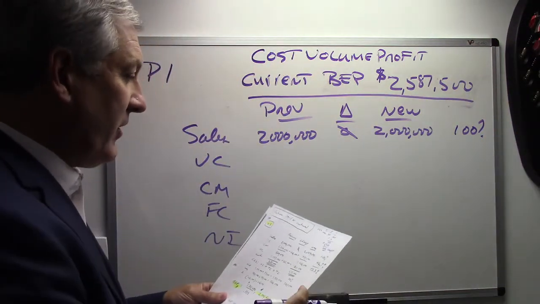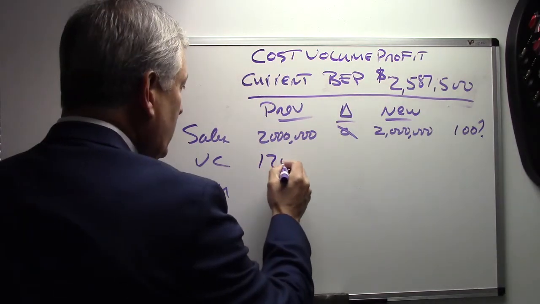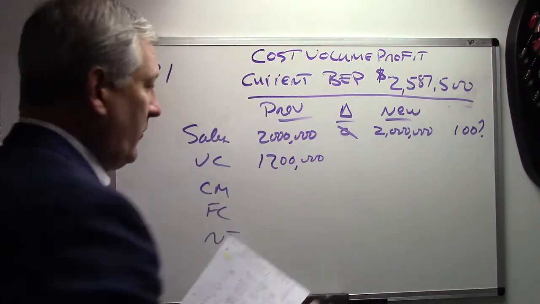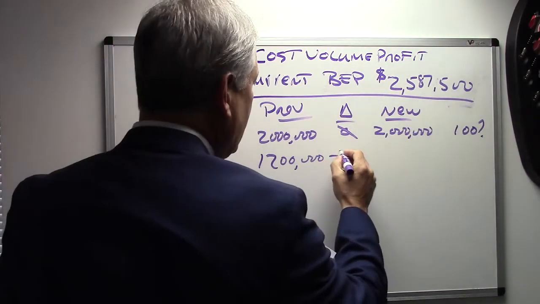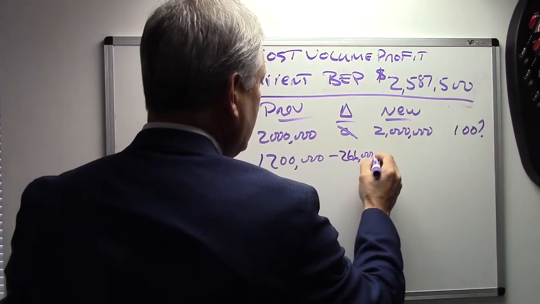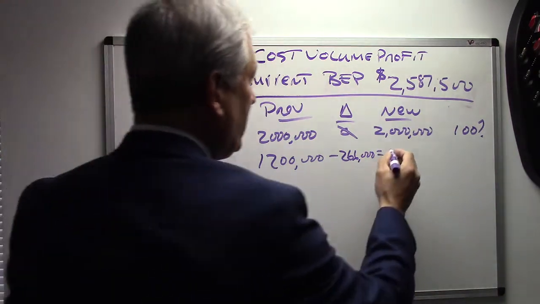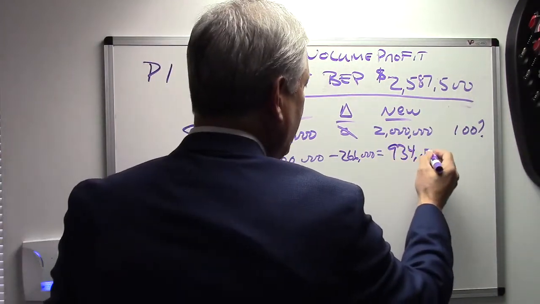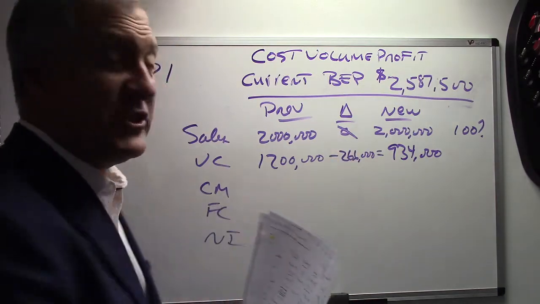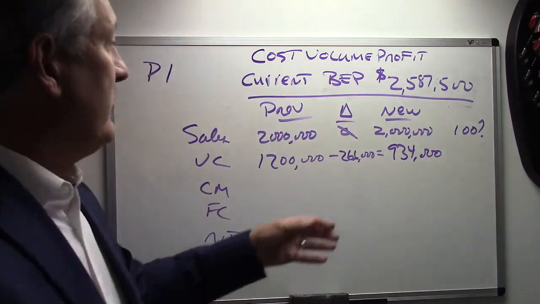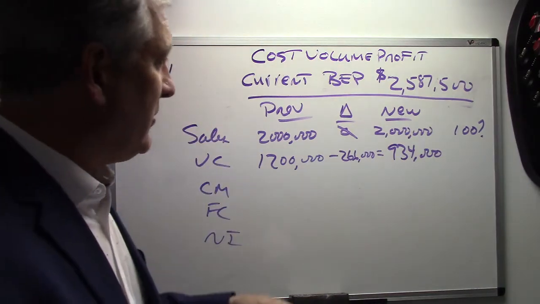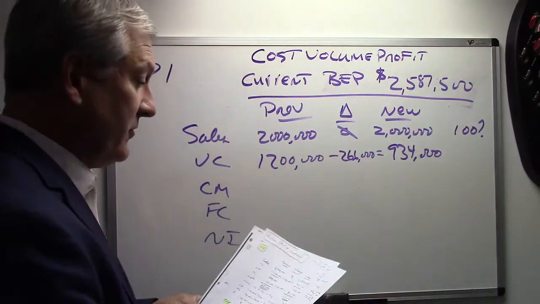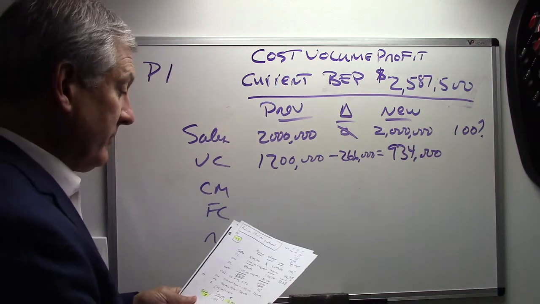The variable cost, the total variable cost was $1,002,000. But there's a shift in the cost of goods sold, so we're going to subtract 266. My new variable cost is $934,000. Remember, that's the shift. We're dropping the variable portion from the cost of goods sold, and we're adding it to fixed costs.